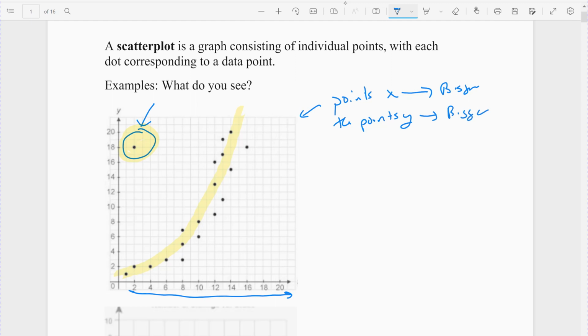This means that it's an increasing pattern. It has a positive correlation. As one value gets bigger, so does the other. As the x values get bigger, so do the y values.